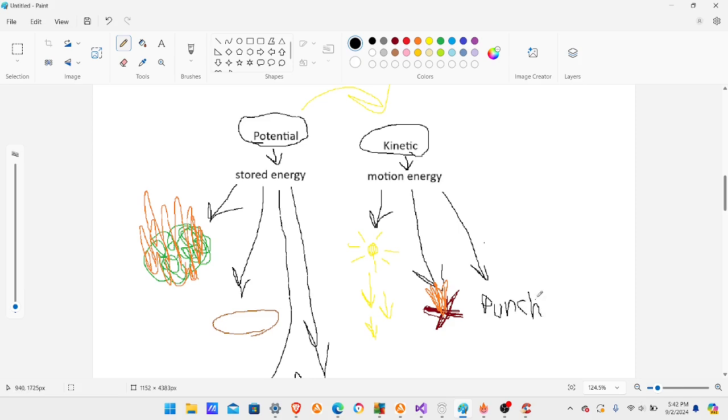That would be motion energy, because you had potential energy in your fist, and then you threw the punch, so that would be kinetic energy, motion energy.